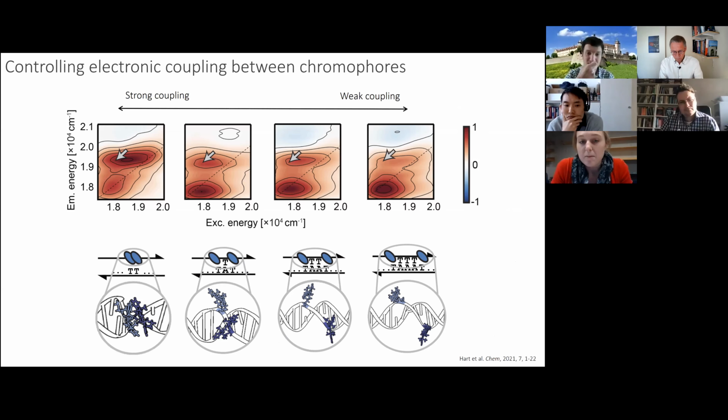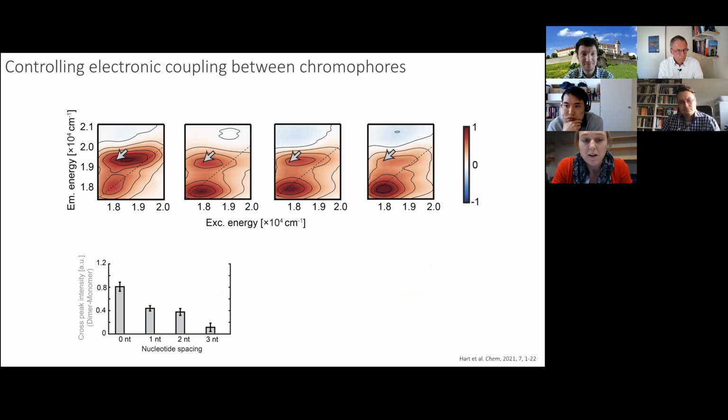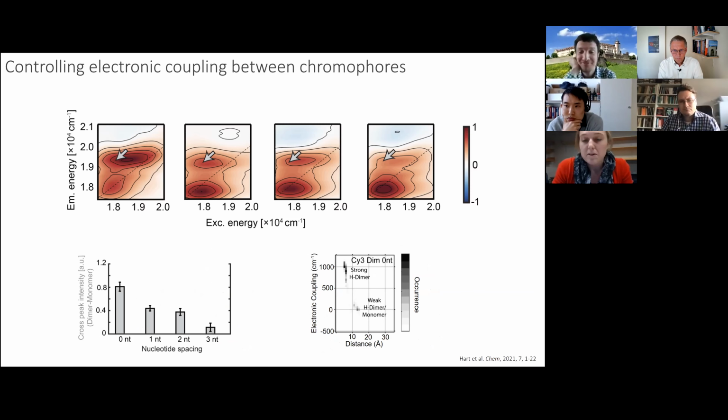Here the electronic coupling is determined by the spatial position as well as the relative angle and orientation between the constituent chromophores. As we go from the strong coupling range to the weak coupling range, it is mapped out relatively clearly with changes in the upper diagonal cross peak, which scales somewhat inversely with nucleotide spacing. With this system, we also worked with collaborators in Mark Bathe's lab at MIT to do some molecular dynamics simulations of these types of dimers.